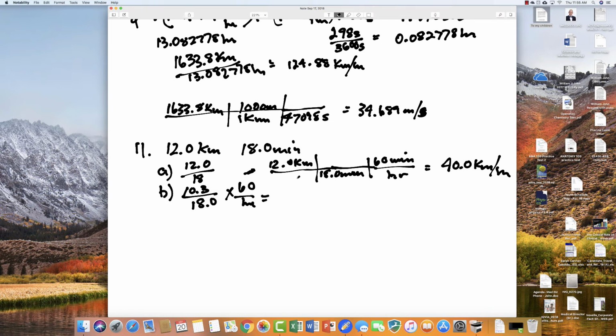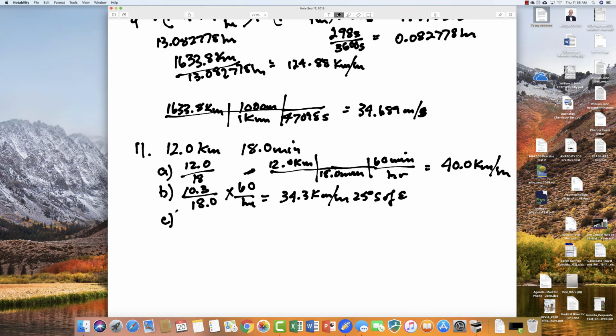And now you have 34.3 kilometers per hour, but you have to also give a direction, which is 25 degrees south of east. And if you don't include the direction, the answer is incorrect, because a vector quantity like velocity has to have both a size and a direction, or magnitude and a direction.